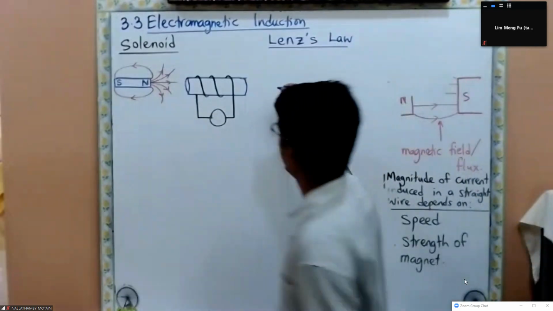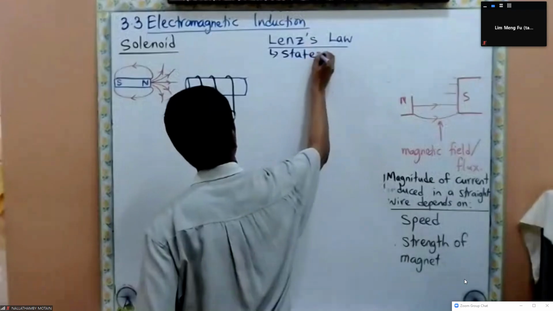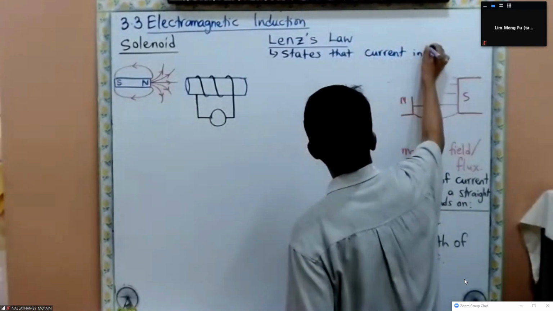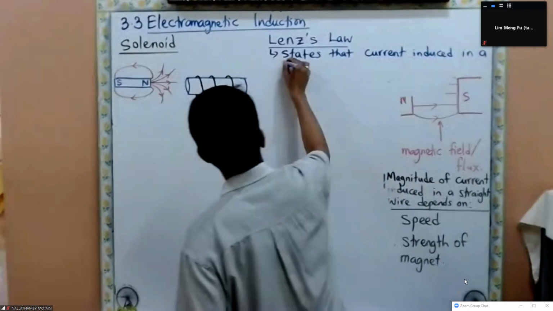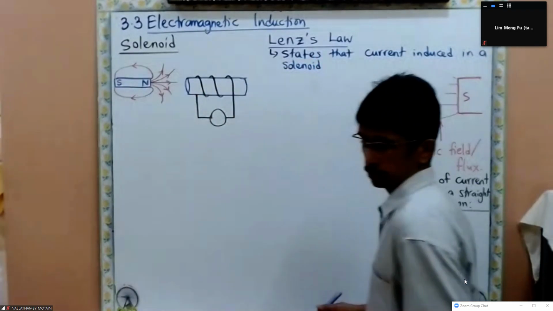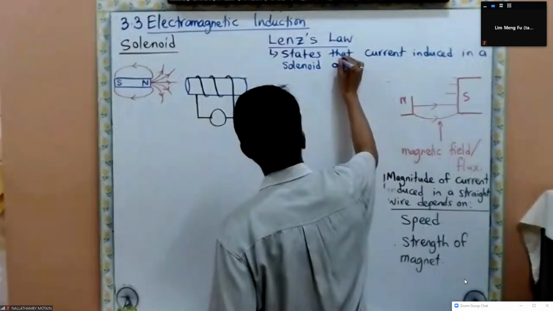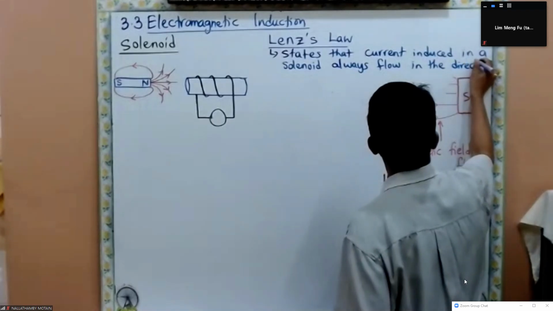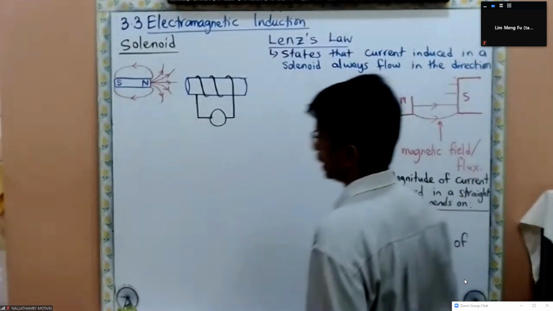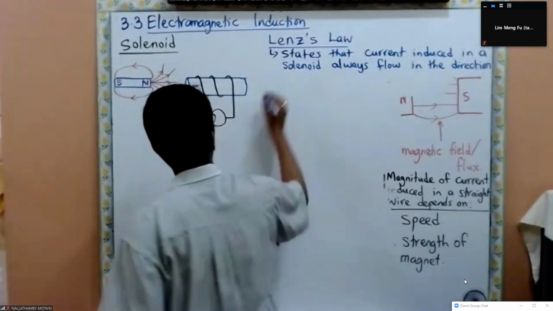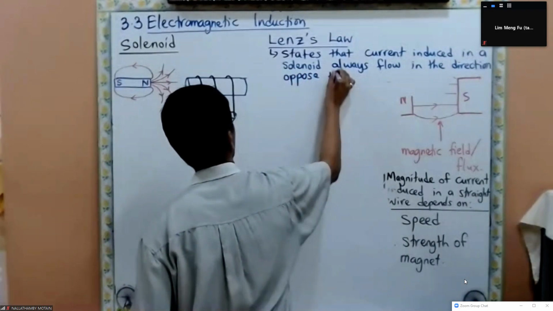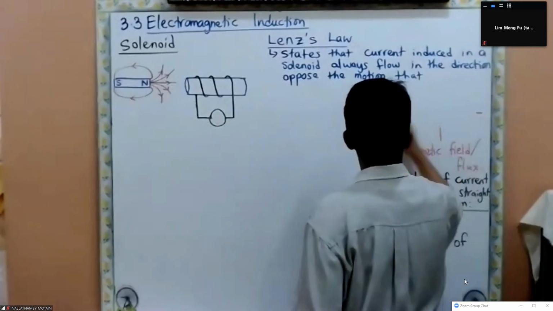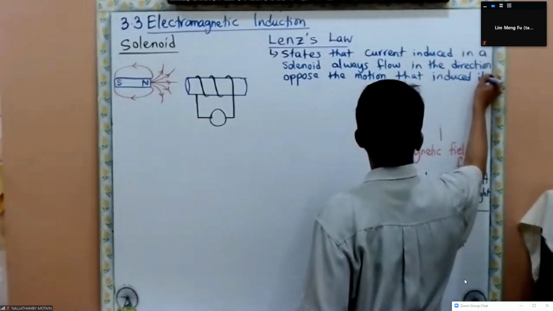So what is stated? Lenz's law states that current induced in a solenoid always flow in the direction oppose the motion that induce it.